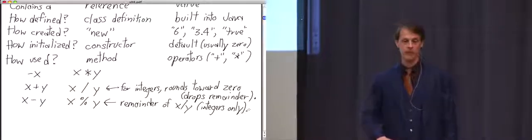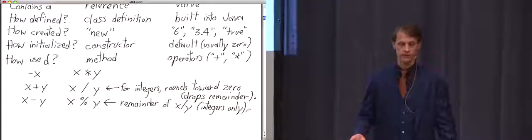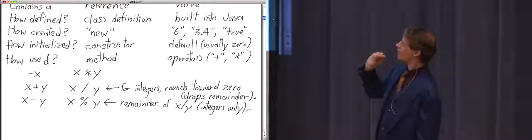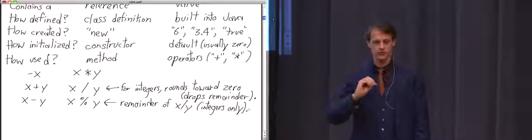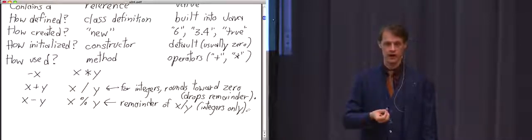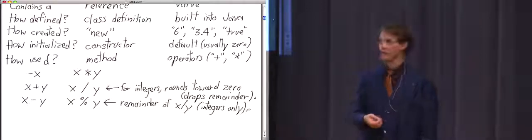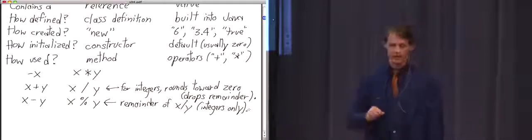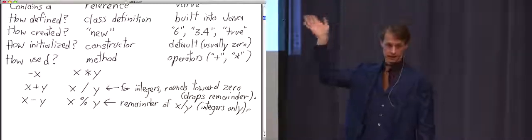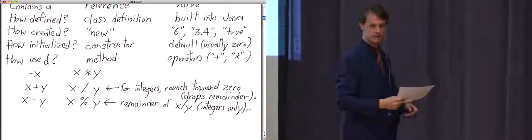How does that piece of memory get initialized when it's first created? There's the difference between how does it get created, what do we do that causes that thing to come into being in the first place, versus how do we decide what gets stored in that piece of memory. So that's the difference between how created and how initialized.